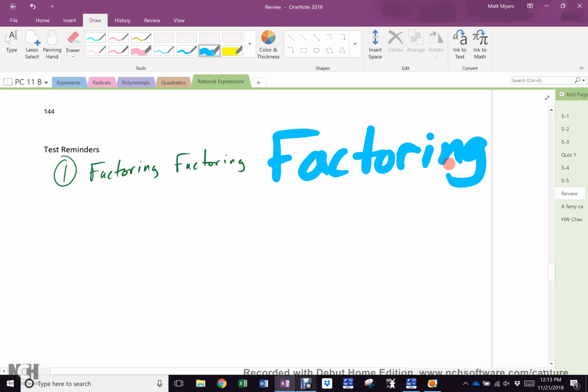Should I factor? Yes. When should I factor? Always. When should I stop factoring? When there is no other possibility to factor anywhere.